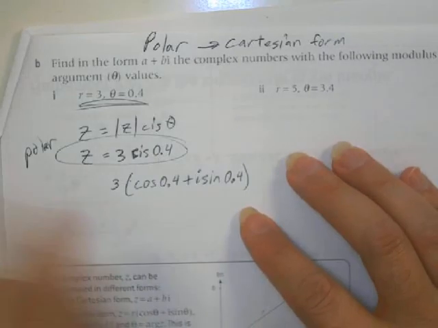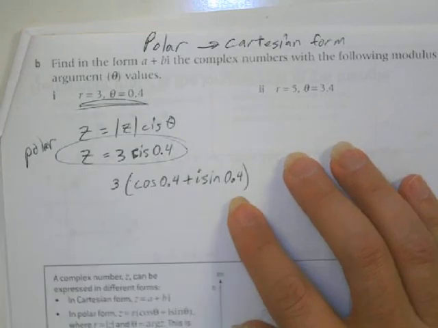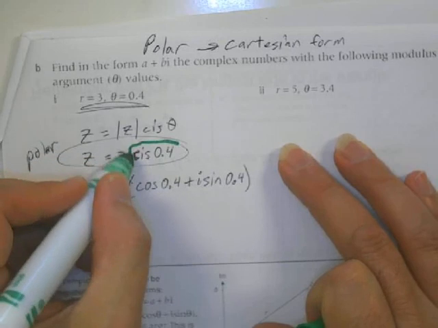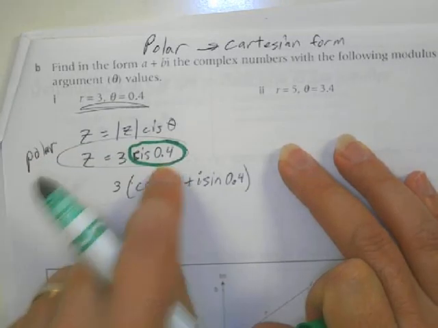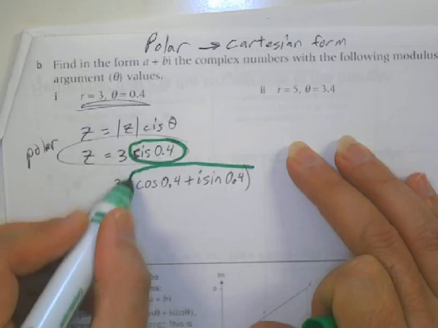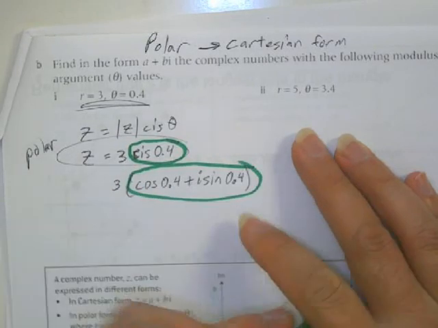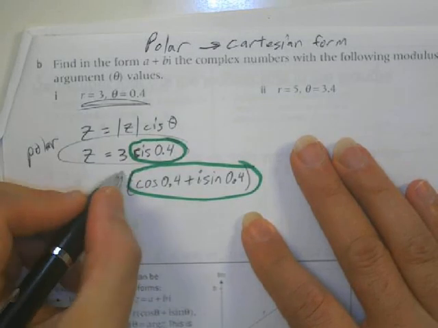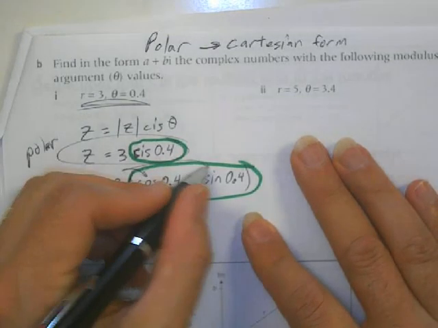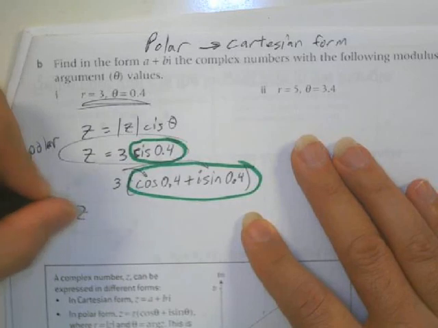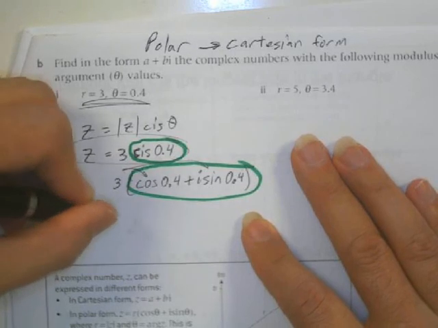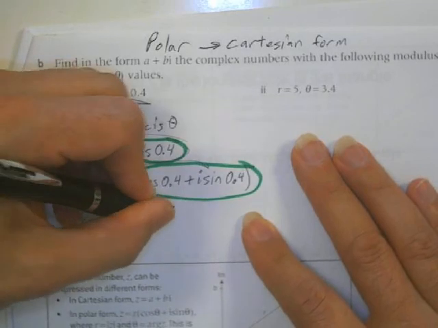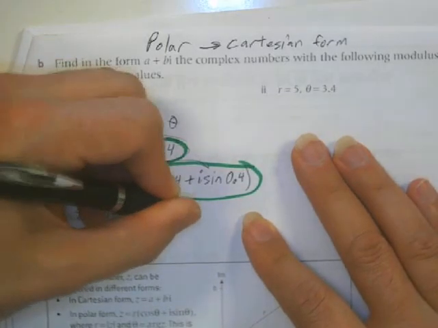So I'm replacing cis with the angle of 0.4 with cosine 0.4 plus I sine 0.4. And now it's just simple distributive property with the 3. So I've got 3 cosine 0.4 plus 3I sine 0.4.